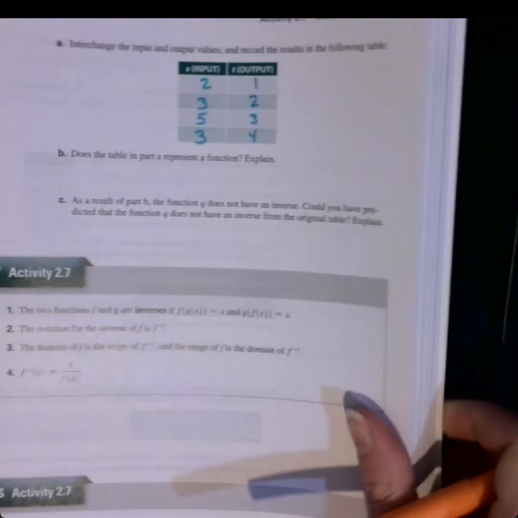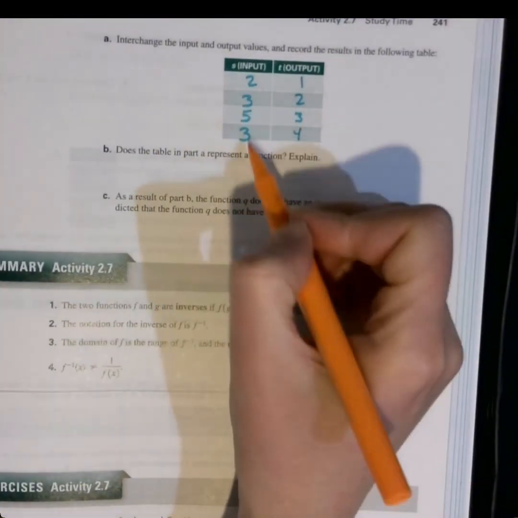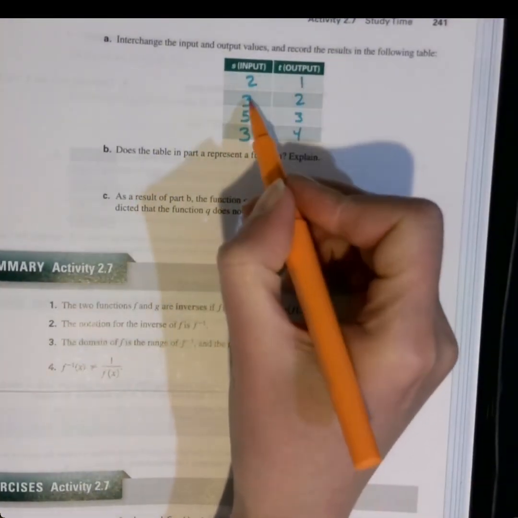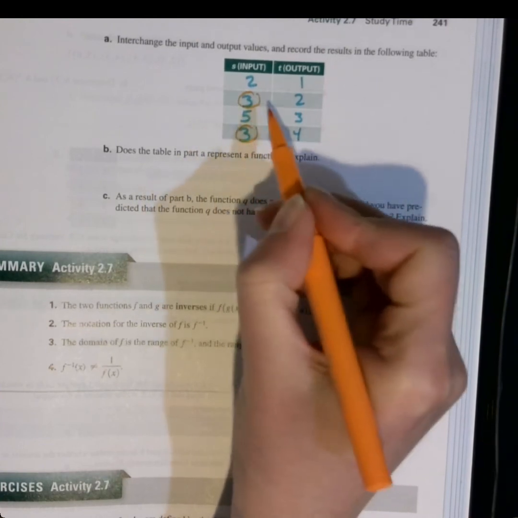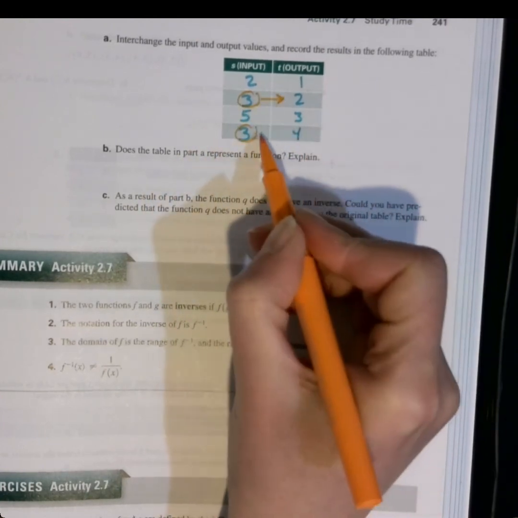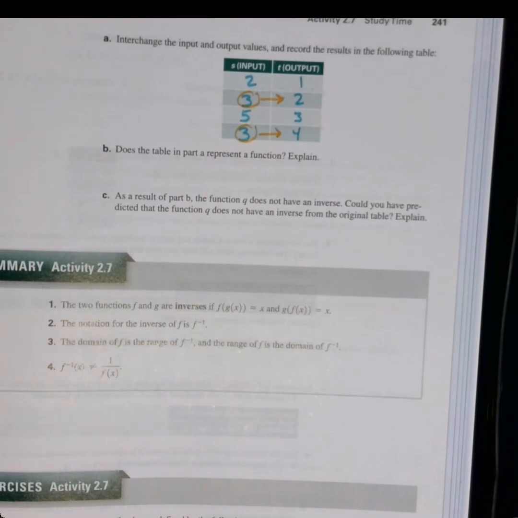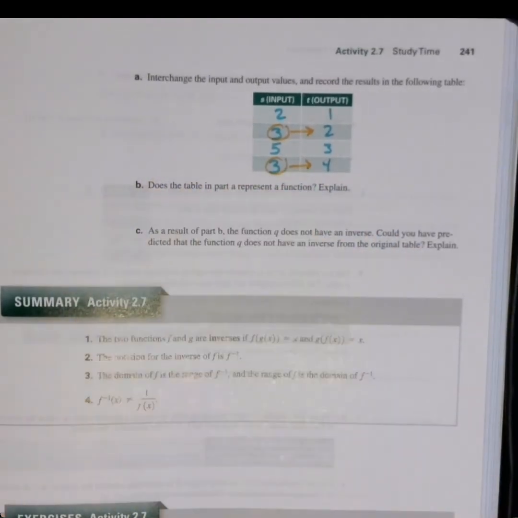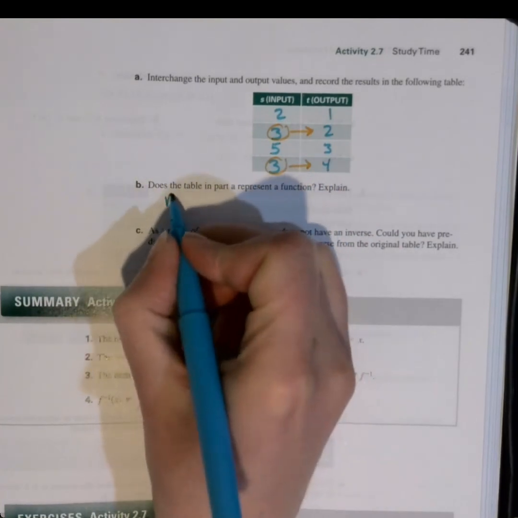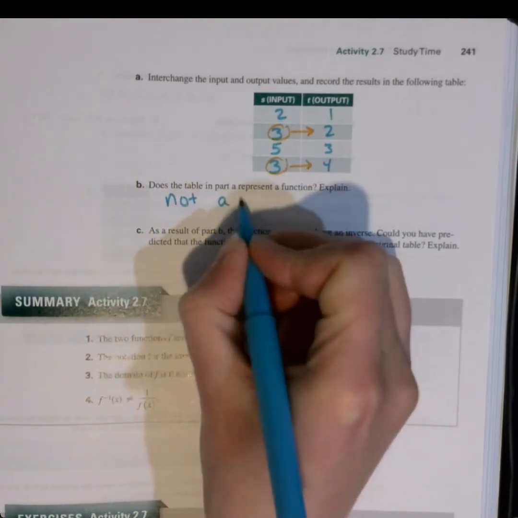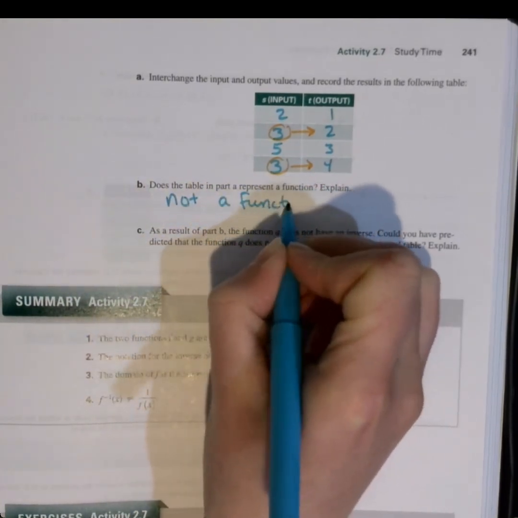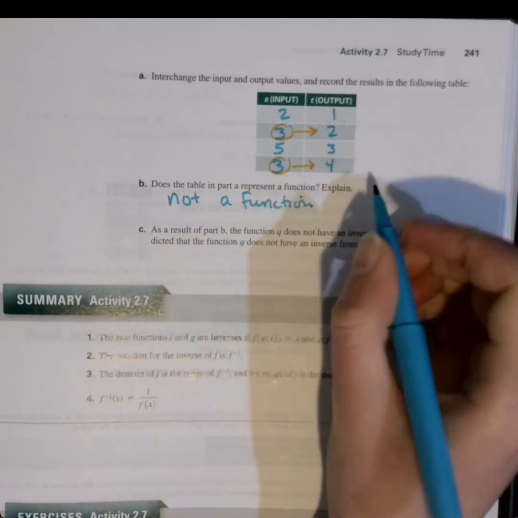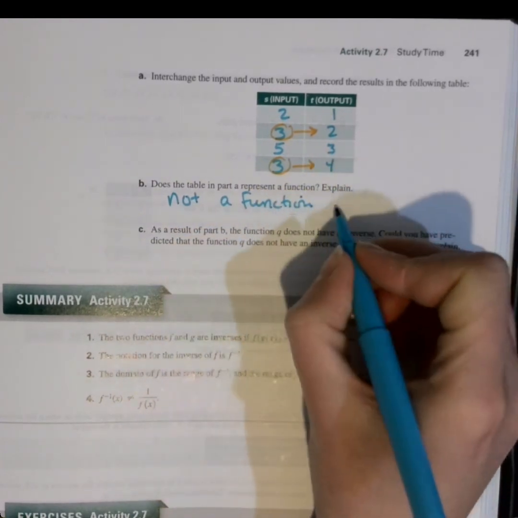If I get to the inverse, though, 2 only has 1 output. 3, though, has 2. 3 could have 2 as its output, or 3 could have 4 as its output. So it does not have a unique output. So this is not a function. And that's because the input 3 has more than one output.